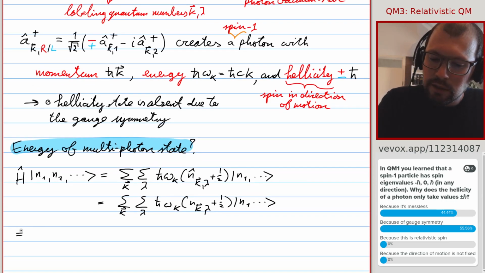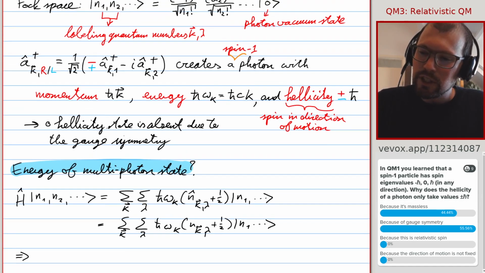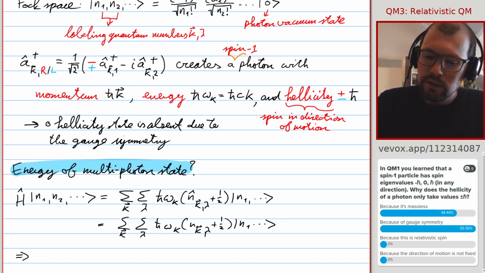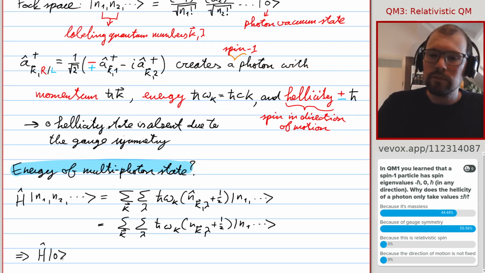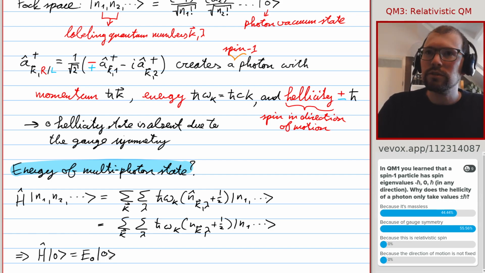So that means that, well, okay, of course, this is an infinite energy. Fair enough. But it also means that the vacuum state still has an energy, right? If I apply this to the photon vacuum, I get that it has a 0-point energy, E0.